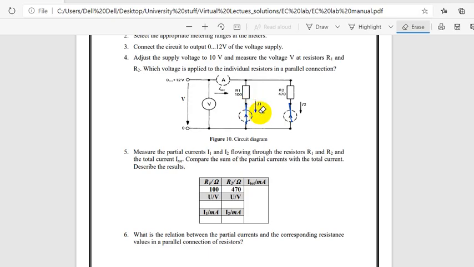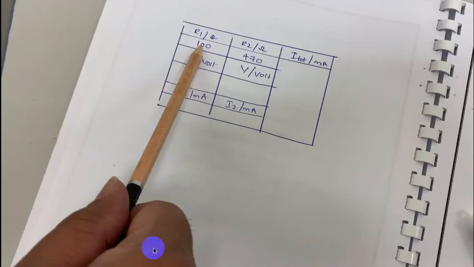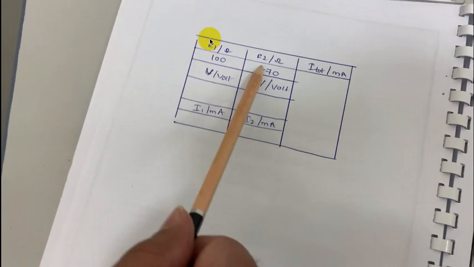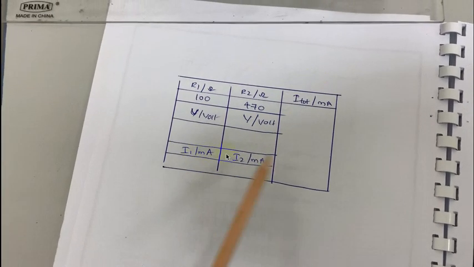So the next part is I will remove this ammeter and keep the ammeter here. That means I will short these two and can take the reading of I1. Let us see this. So now here it is R1 and R2, and I total, I1 and I2.